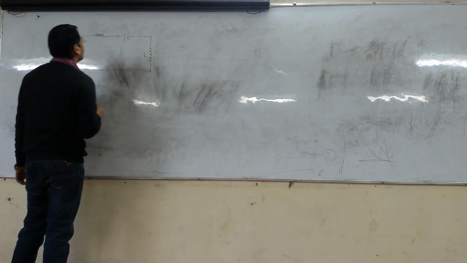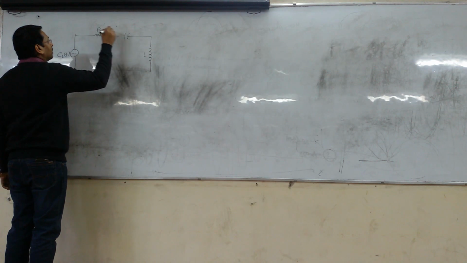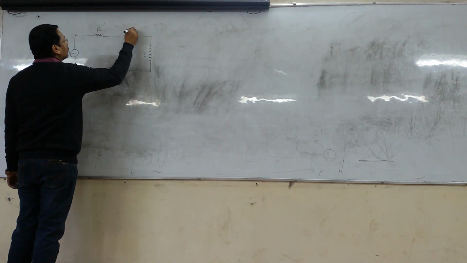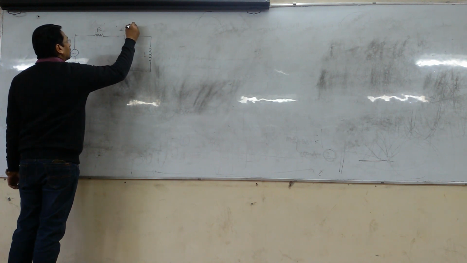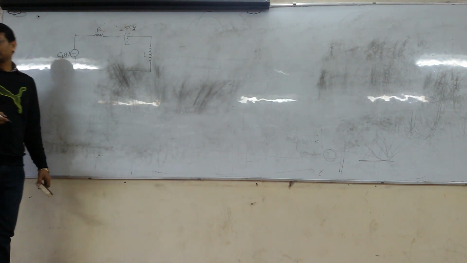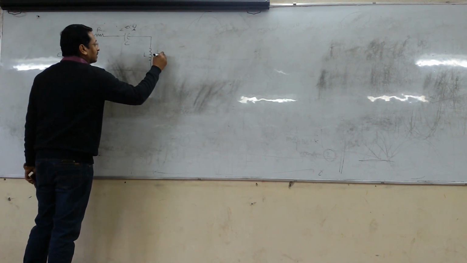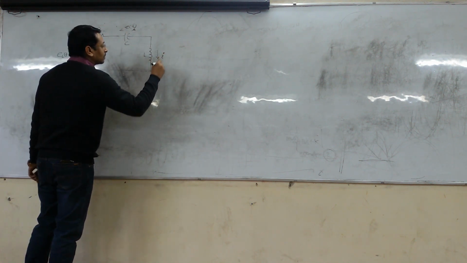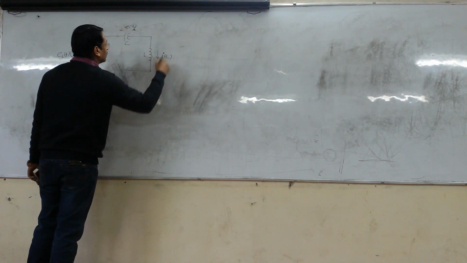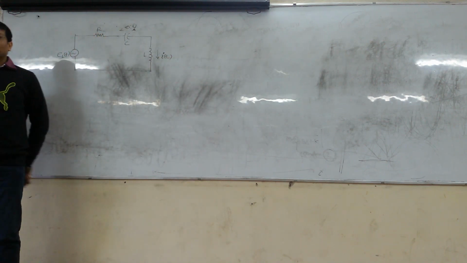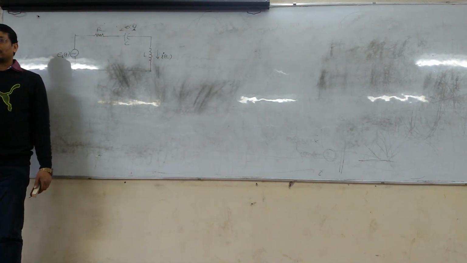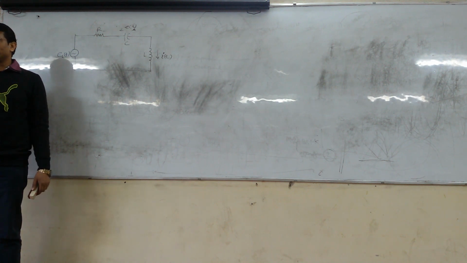Okay. L, R and this is C. I am going to say this is the voltage across the capacitor, E, and current through it is I. So what is the meaning of saying that this system should be relaxed?